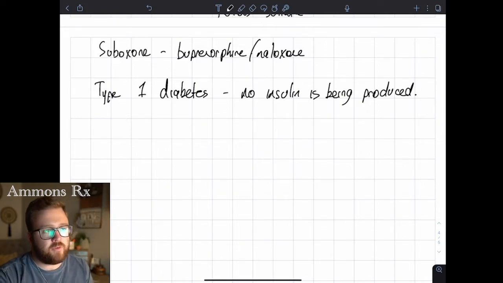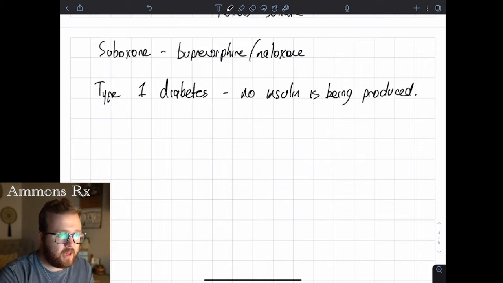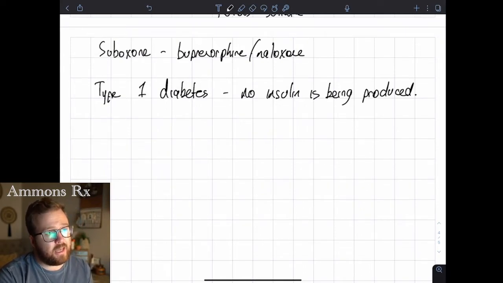Okay, so if no insulin is produced, they have to have insulin to live. They have to have insulin supplemented so their cells can get sugar in and can work. So as soon as you see someone that has type 1 diabetes, you should think to yourself, okay, they do have to have insulin.